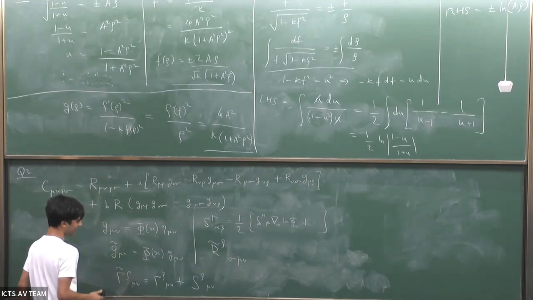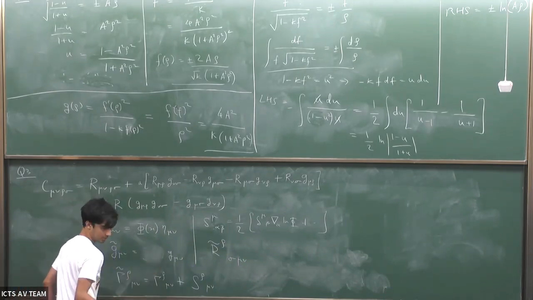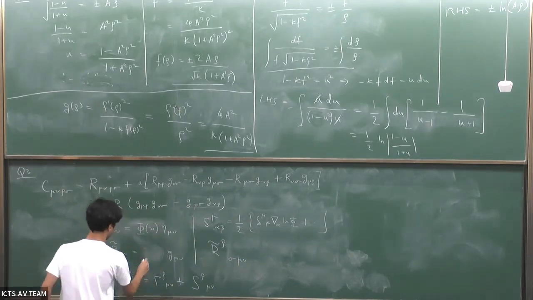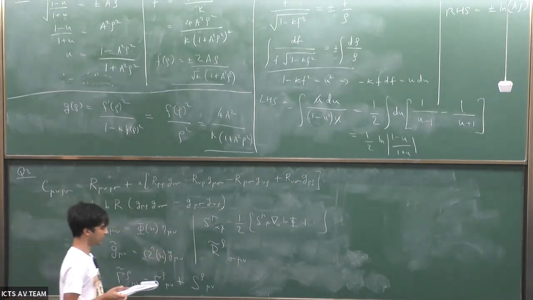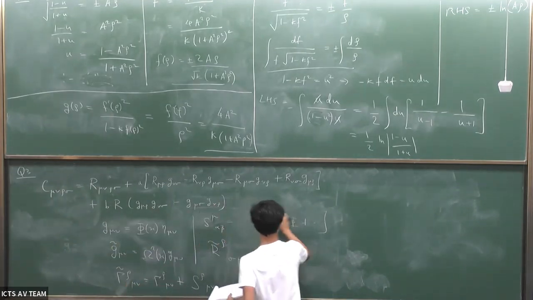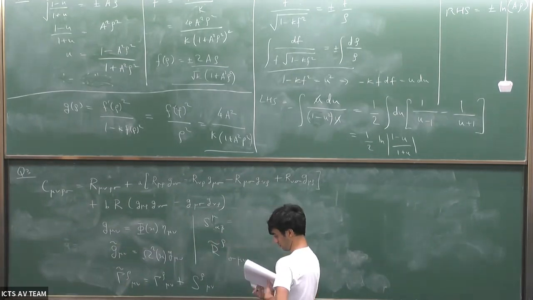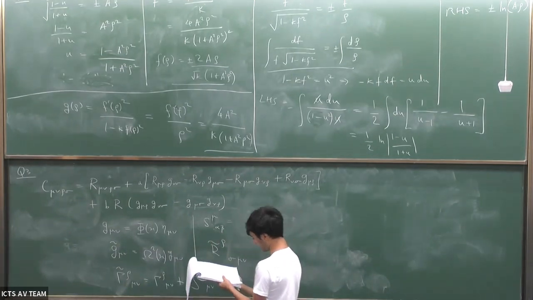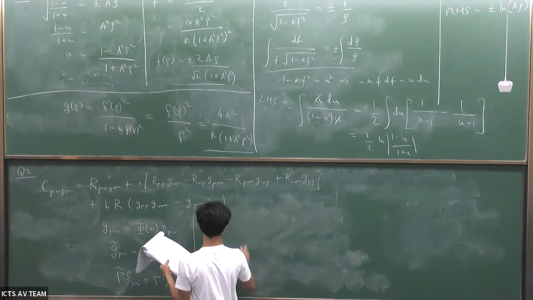This phi of x is a little bit annoying, so I'll just write it as some omega squared of x. So this will get modified, something like this.